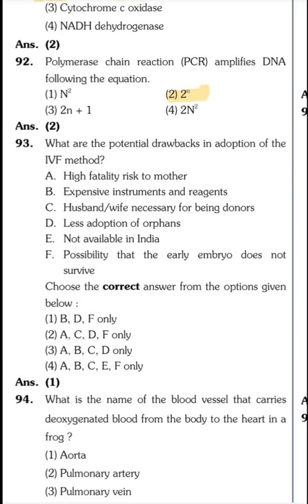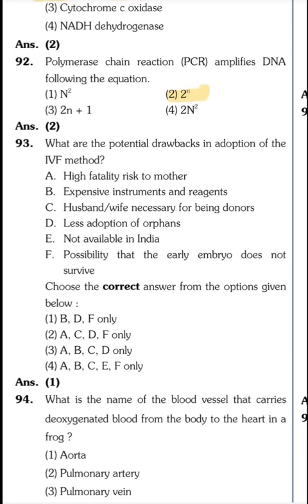High fatality risk to mother, that is not possible by the IVF method. In vitro fertilization method, there is no such drawback. Expensive instruments and reagents, that is a drawback. That is the reason IVF is an expensive process.